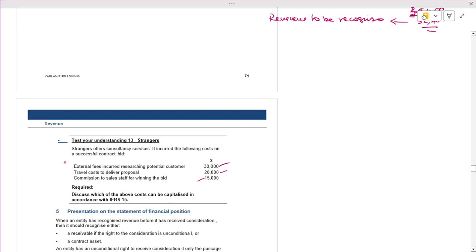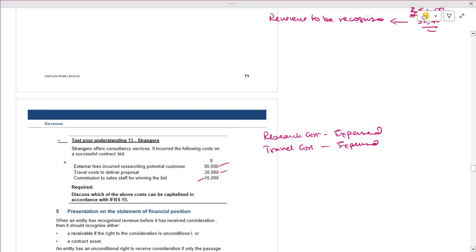If you take into consideration, the rule says that the research cost should be expensed. Development cost is capitalized; research cost is expensed. Travel cost as per IFRS should be expensed.